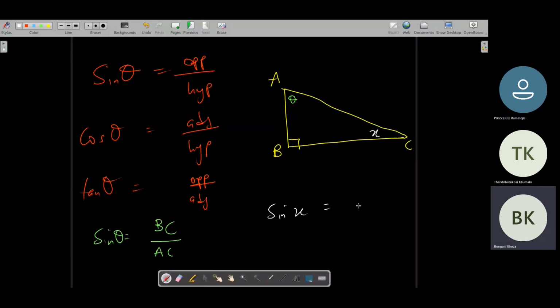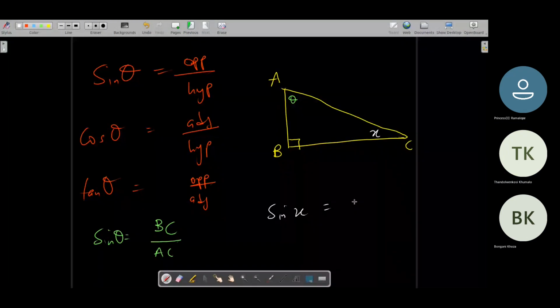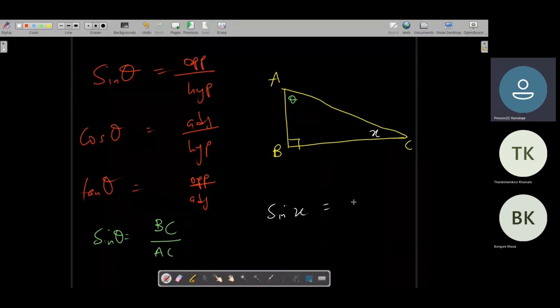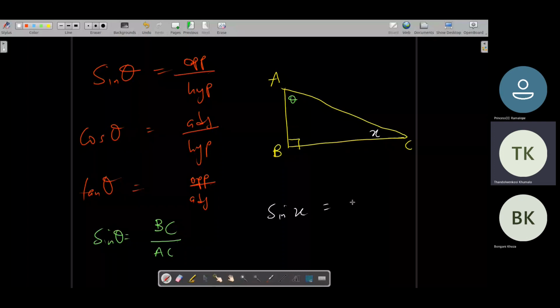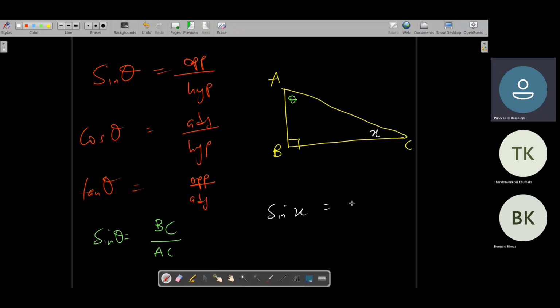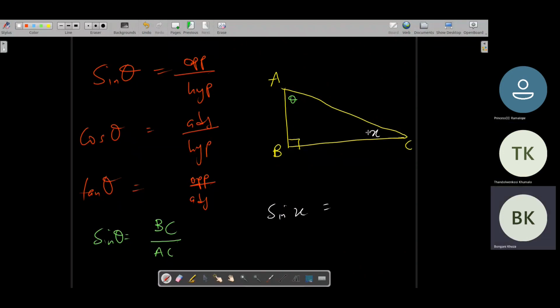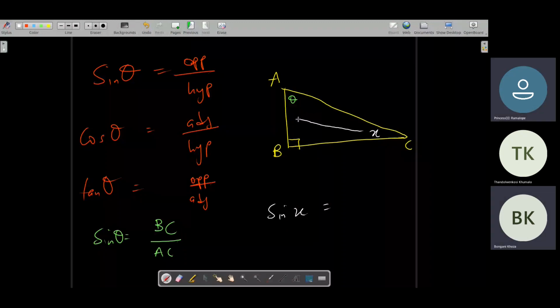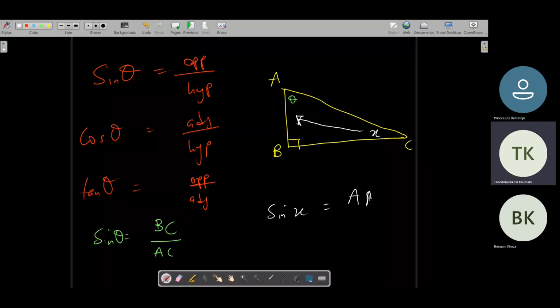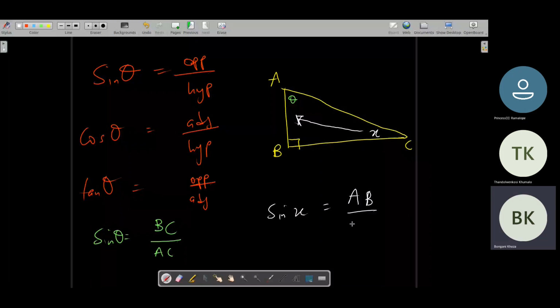The opposite of x is AB, over AC, because AC is your hypotenuse.